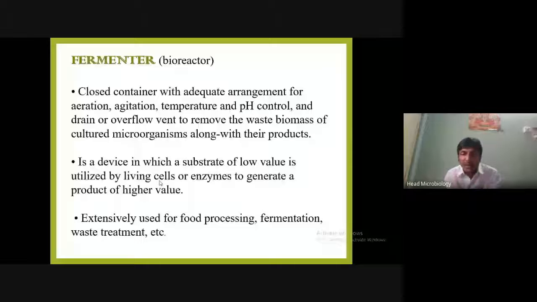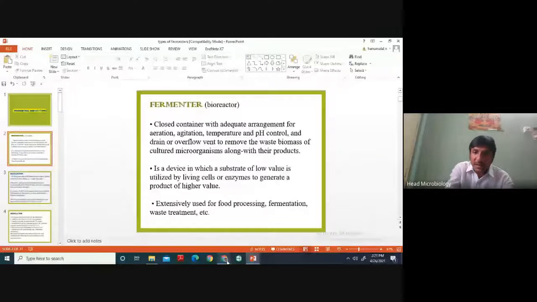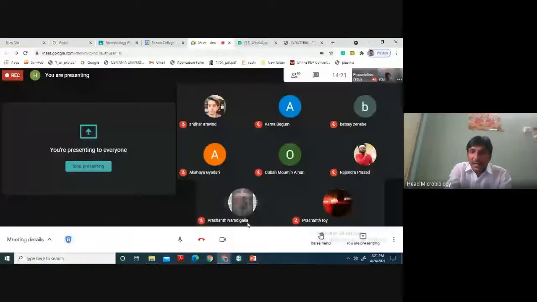Many people use different sizes, like 250 ml, 5 ml flasks and 15 liter buckets, based on their requirement. Food processing and other industries prepare different fermentation processes.